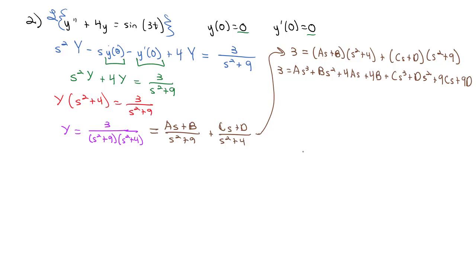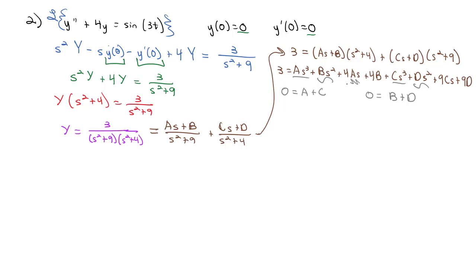All right, grouping our common stuff together, looking first at our cubes, we have 0 on the left equals A plus C. Looking at our squareds, we have 0 on the left equals B plus D.